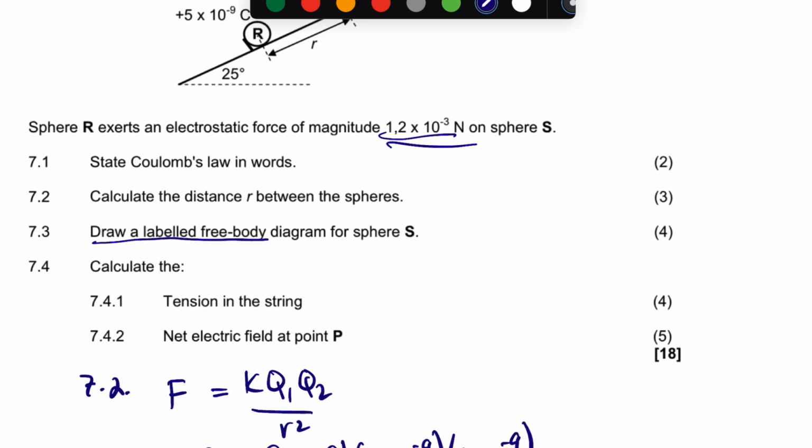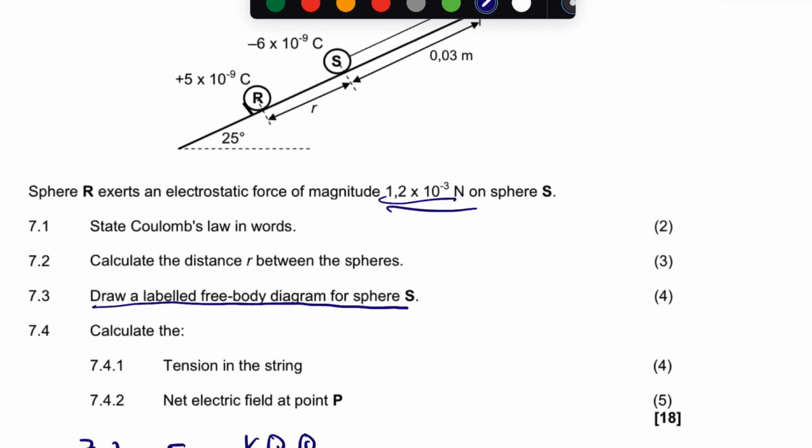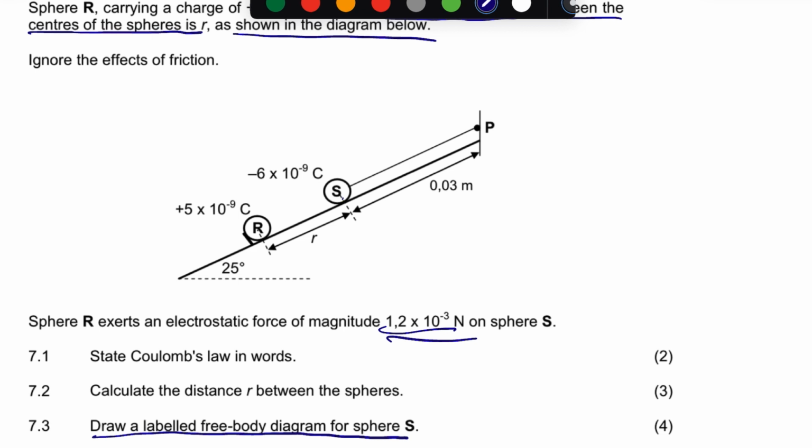Now it says draw a labelled free body diagram showing the forces that are acting on sphere S, right? Guys, let me show you here. I'm going to do the force diagram there. We have a normal force. The normal force, guys, you must be careful, it must be perpendicular to the surface. And then we have the gravitational force there, and then we have this tension force.